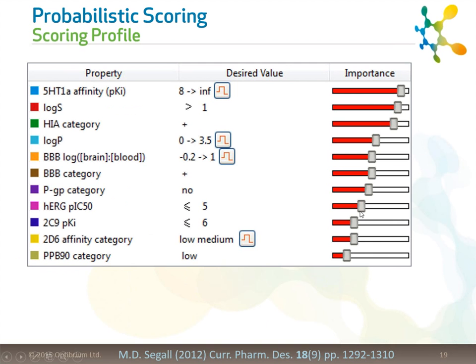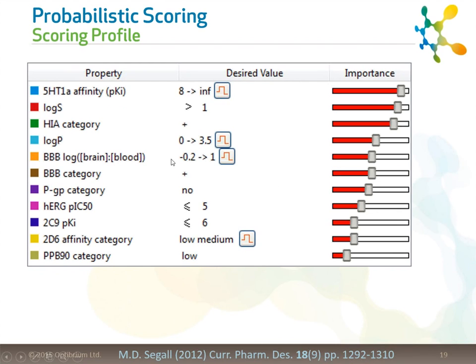So why am I telling you this? Well, we use a different method. We call it probabilistic scoring because, as the name suggests, it's based on probabilities. This is a review article at the bottom here that discusses the strengths and weaknesses of different methods and goes into much more detail about this. But essentially what it allows you to do is to define the properties that you are interested in. This could be predictions or experimental data.